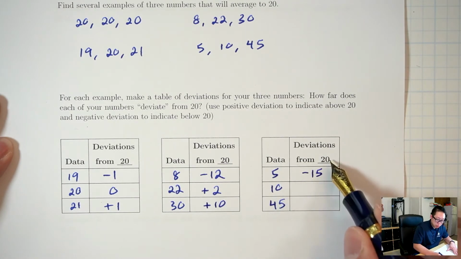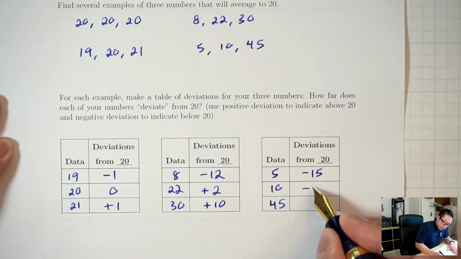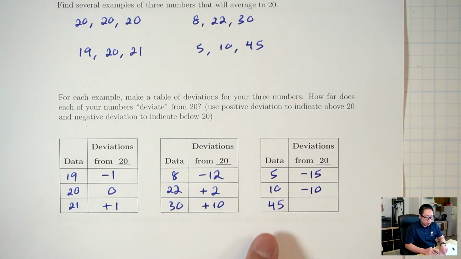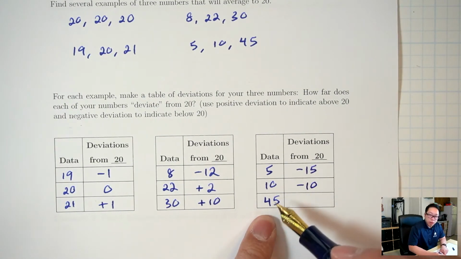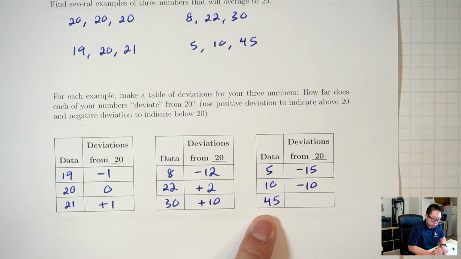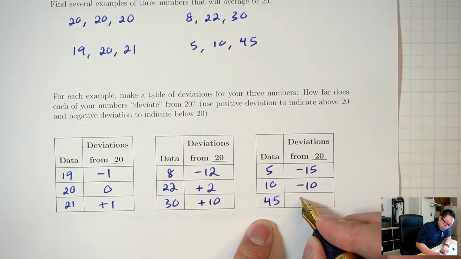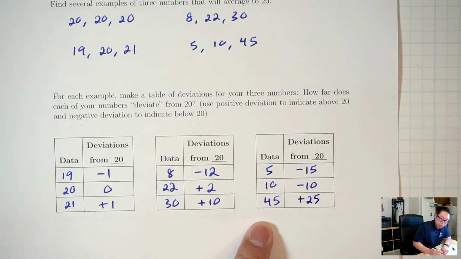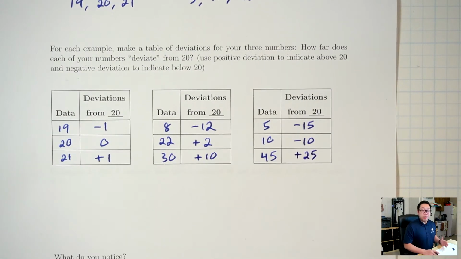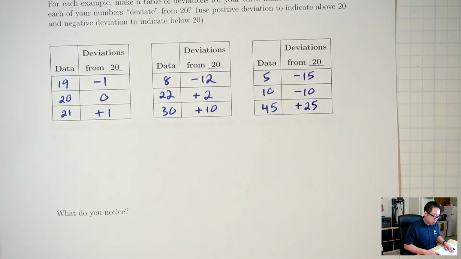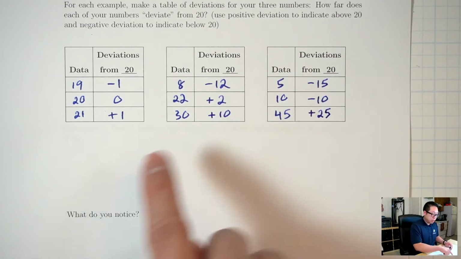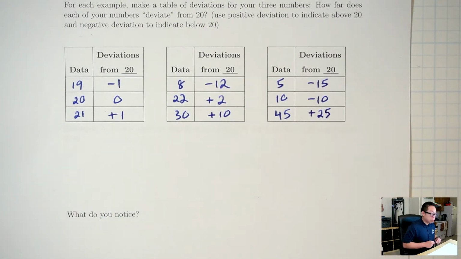Subtract 10 minus 20, -10. And then finally, how far away is 45 from 20? 45 minus 20 is +25. Those are deviations. So now what I want you to do is stare at these three tables and see if you notice something.